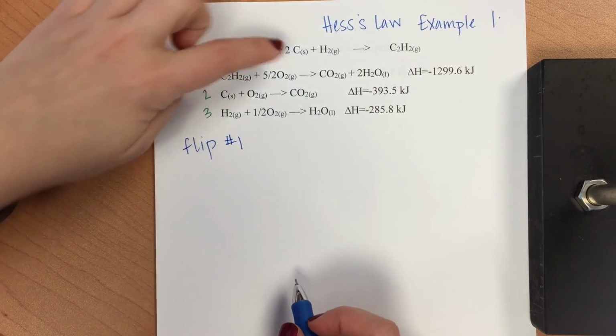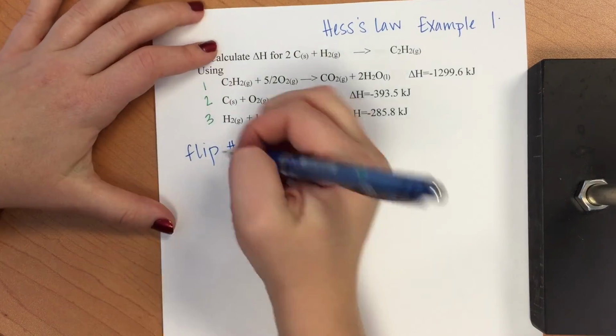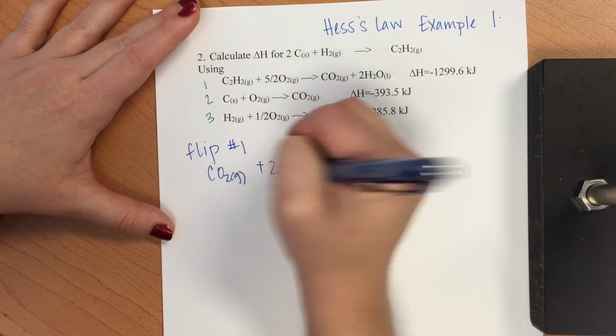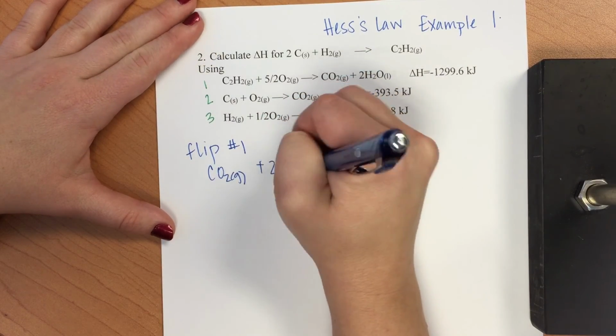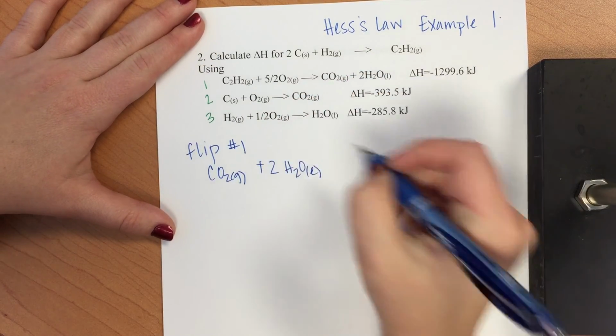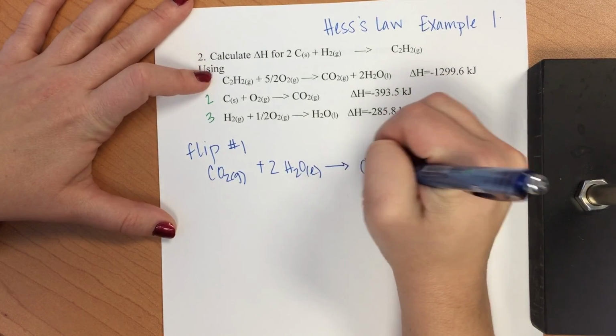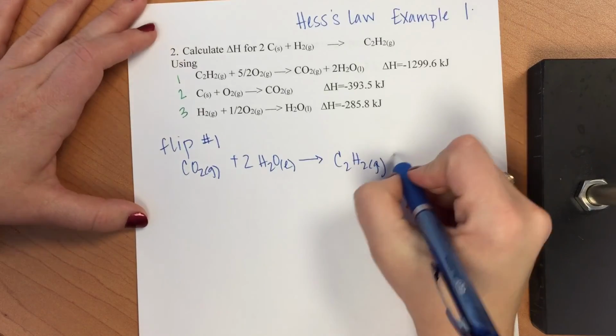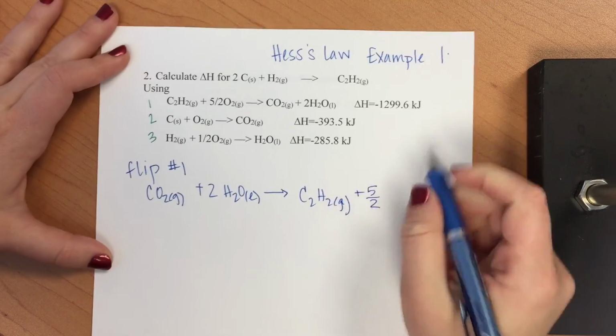So I'm going to take the products and now make them reactants, where we have CO2 gas plus 2 water vapors go to make C2H2 gas plus 5 halves O2.